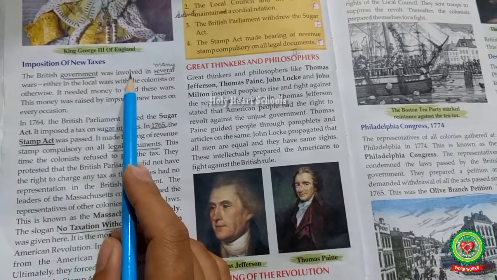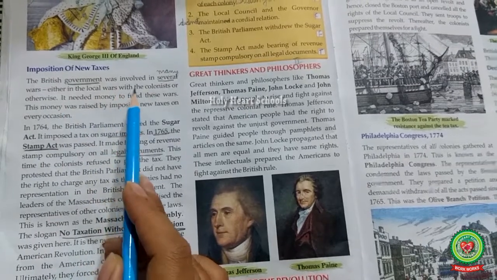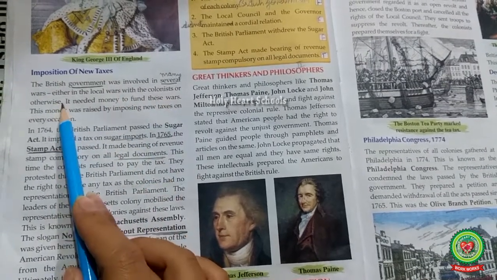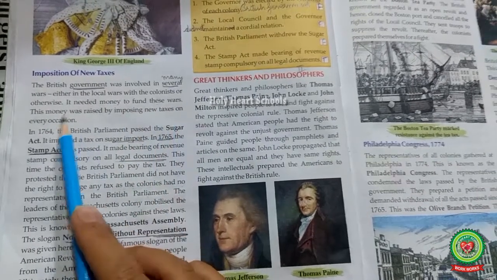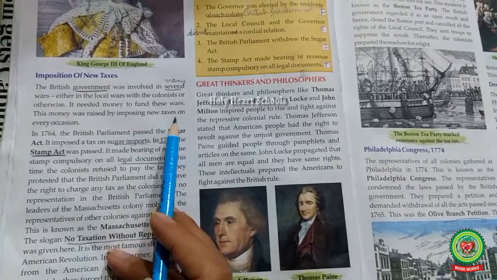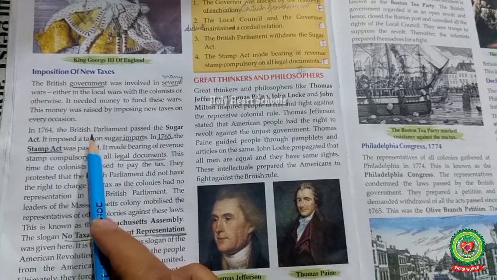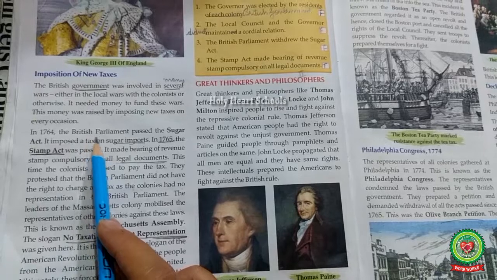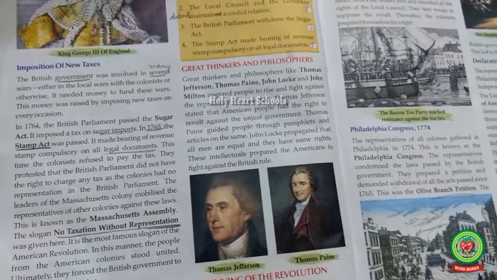The British government was involved in several wars, either local wars with the colonists or otherwise. It needed money to fund these wars. This money was raised by imposing new taxes on every occasion.